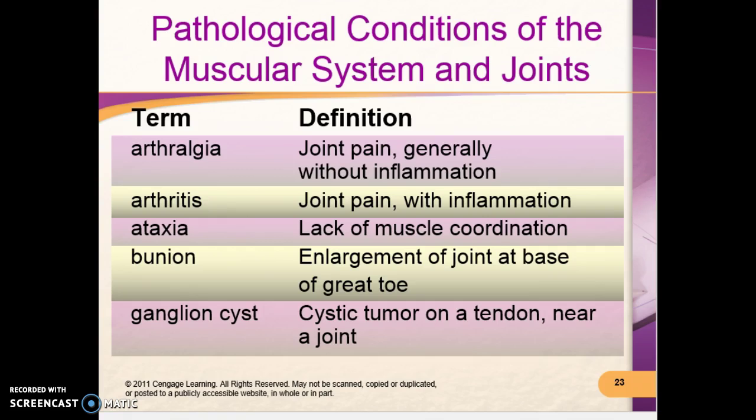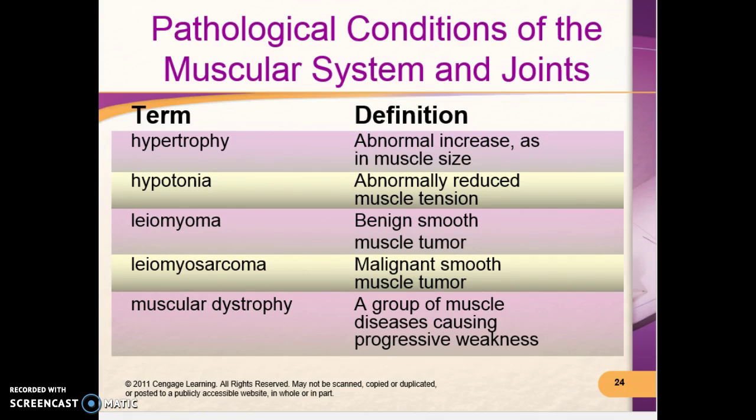So, looking at things like arthritis, of course, that's a very common one when we're dealing with the muscles and the joints. Muscular dystrophy is an example of an actual disease state. So we're not always talking about injuries. We're talking about all of those different things.